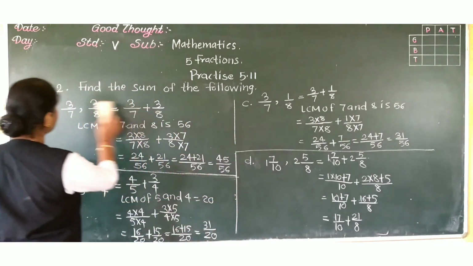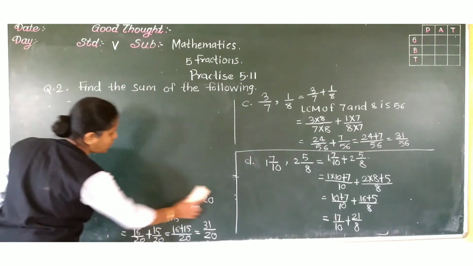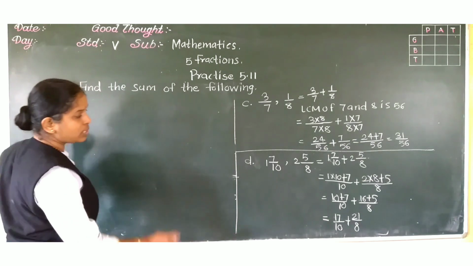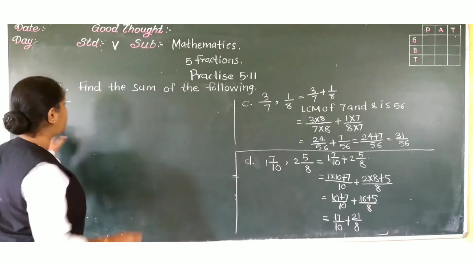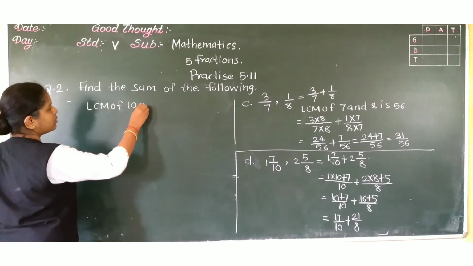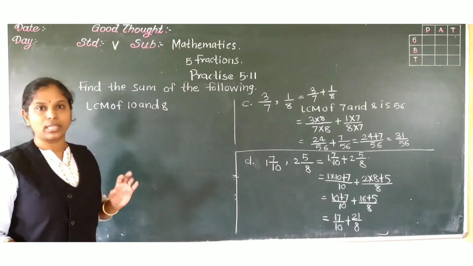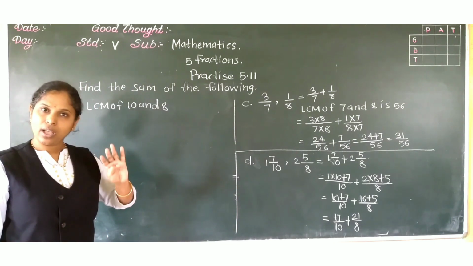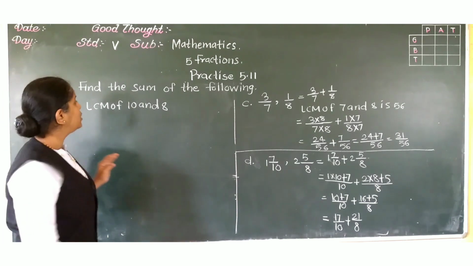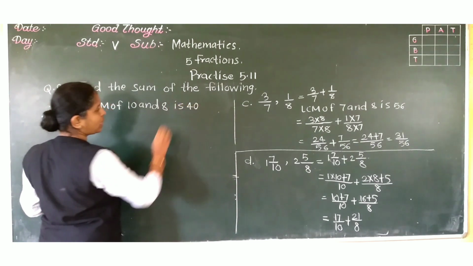Now I will write the same sum here: 17 upon 10 plus 21 upon 8. So what is the LCM of 10 and 8? Which number comes first in the 10s and 8s tables together? See, 10 4s are 40, 8 5s are 40. So LCM of 10 and 8 is 40.